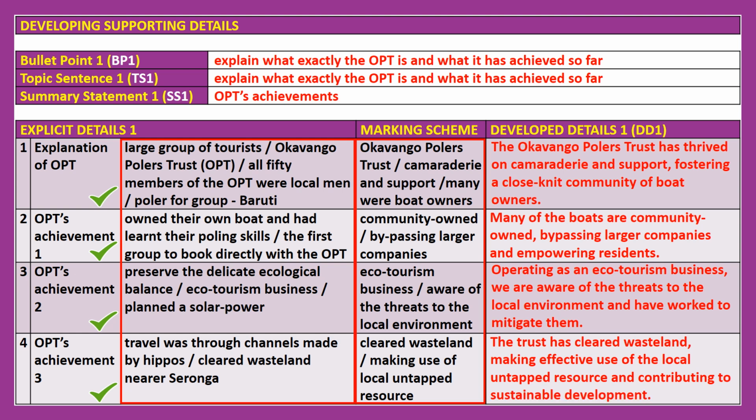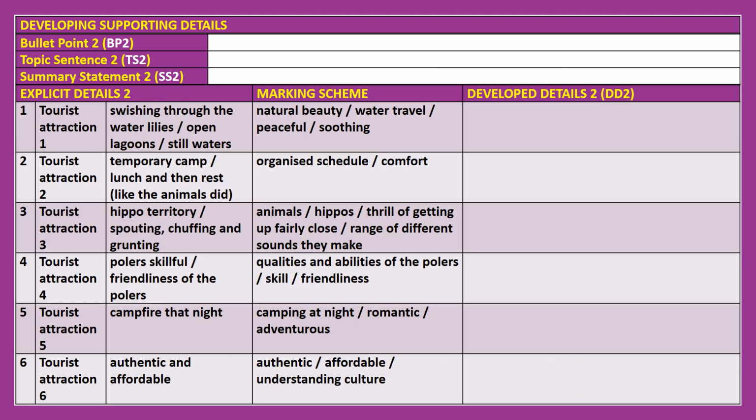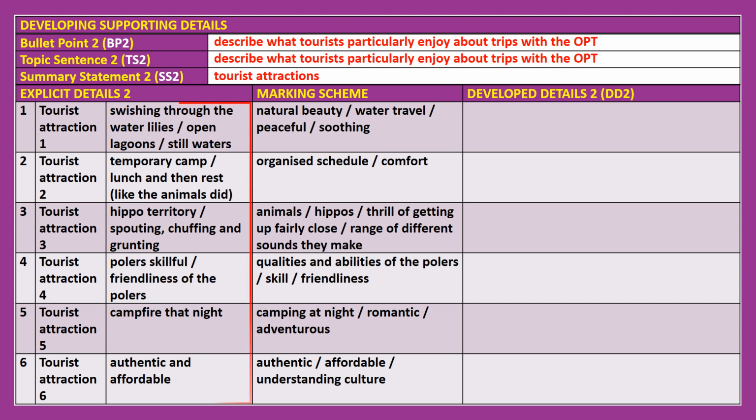This is how you develop your supporting details for the second bullet point. Think of a topic sentence based on the second bullet point. Create a summary statement as well. Ensure you collate explicit details that you have highlighted for the second bullet point and group together related ideas.